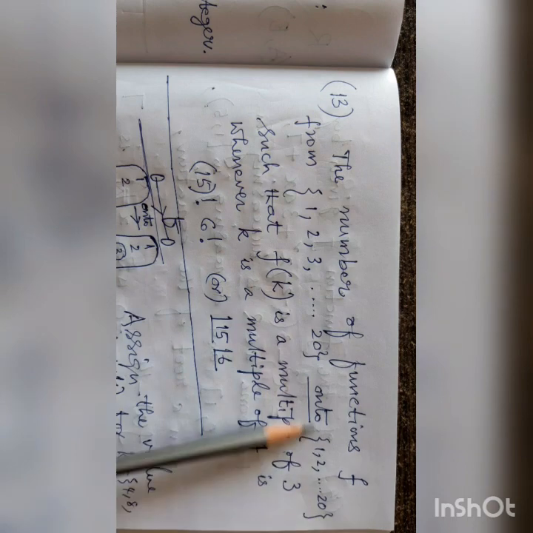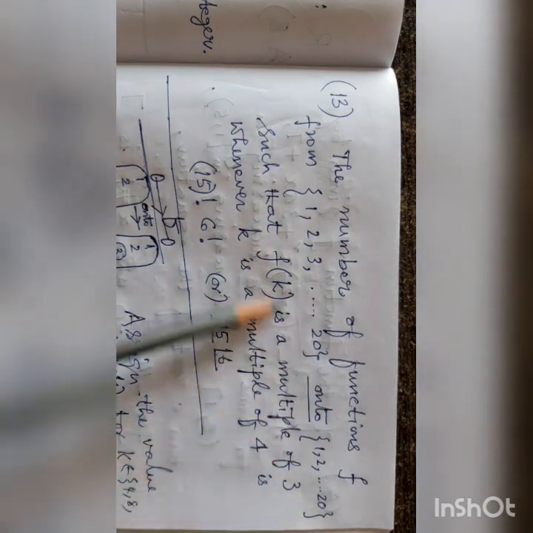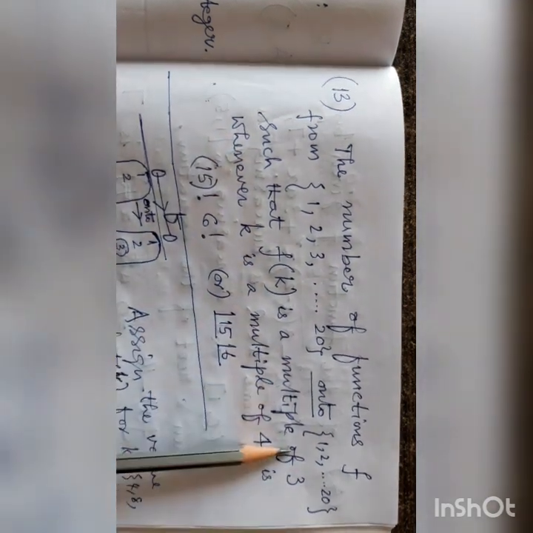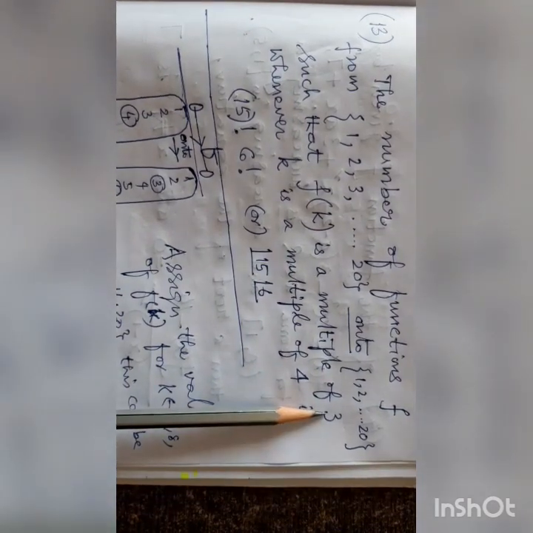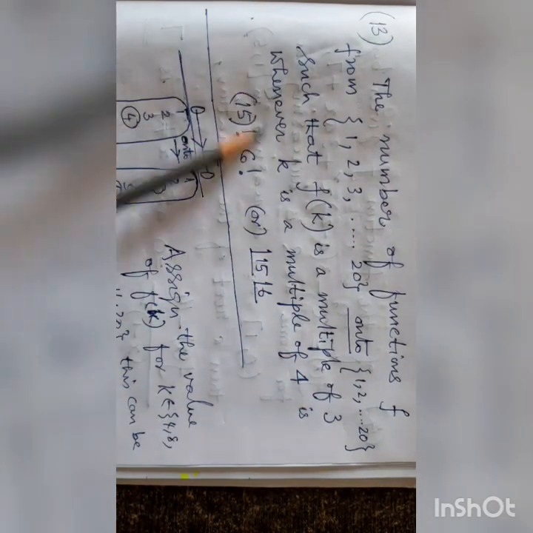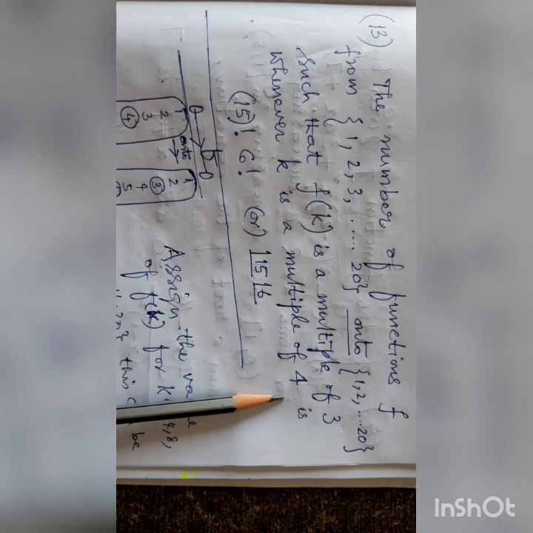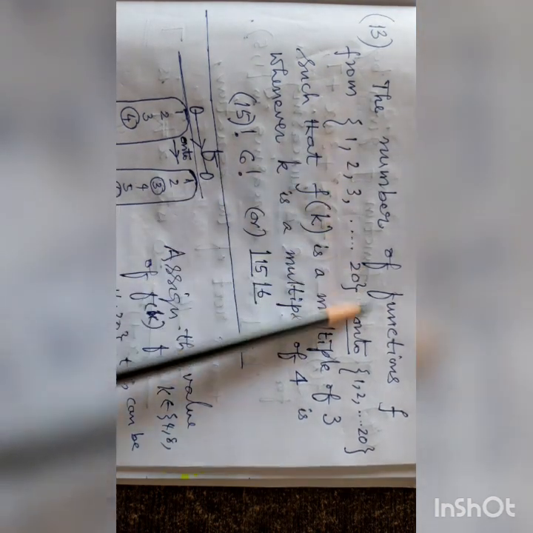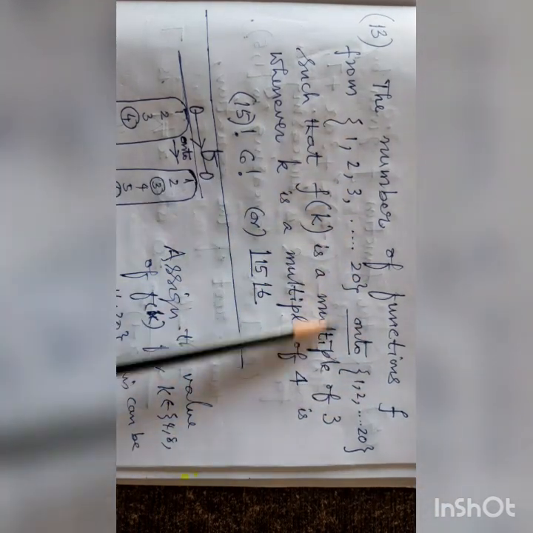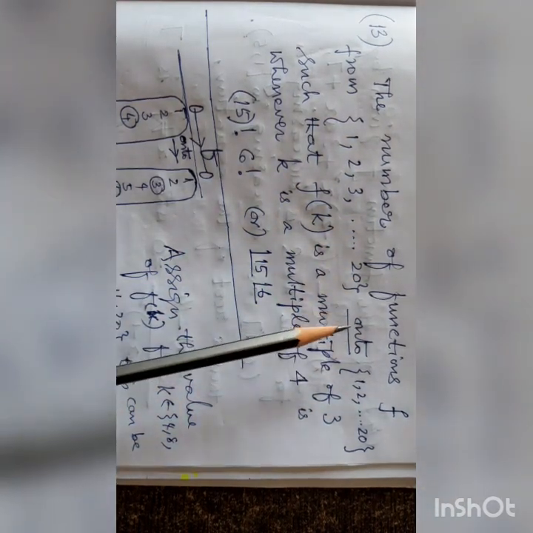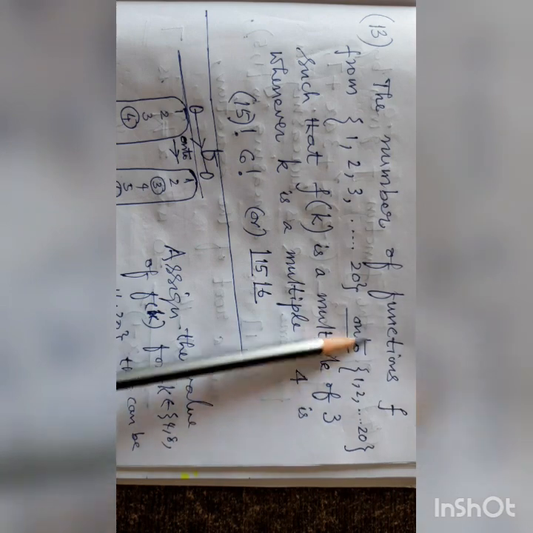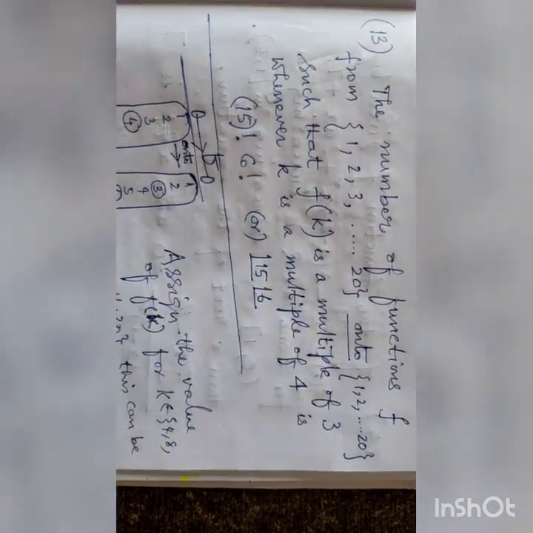From 1 to 20 onto 1 to 20 such that f of k is a multiple of 3 whenever k is a multiple of 4. Then what is the number of onto functions? This is onto. What is the number of onto functions?